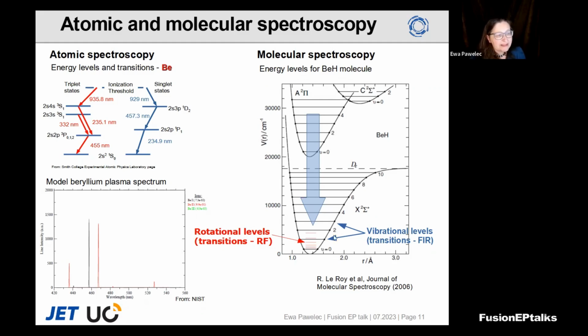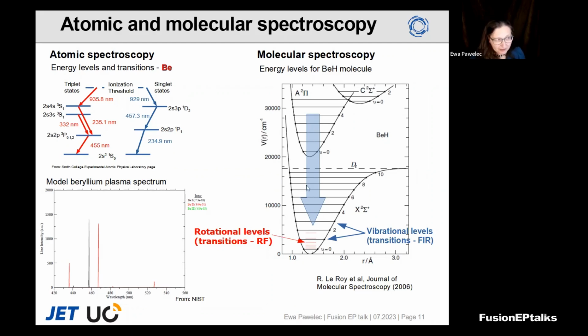The distances of such levels: if you transition between the vibrational levels in the same electronic level, that will be in the far infrared, and the distance of the rotational levels is in radio frequency.